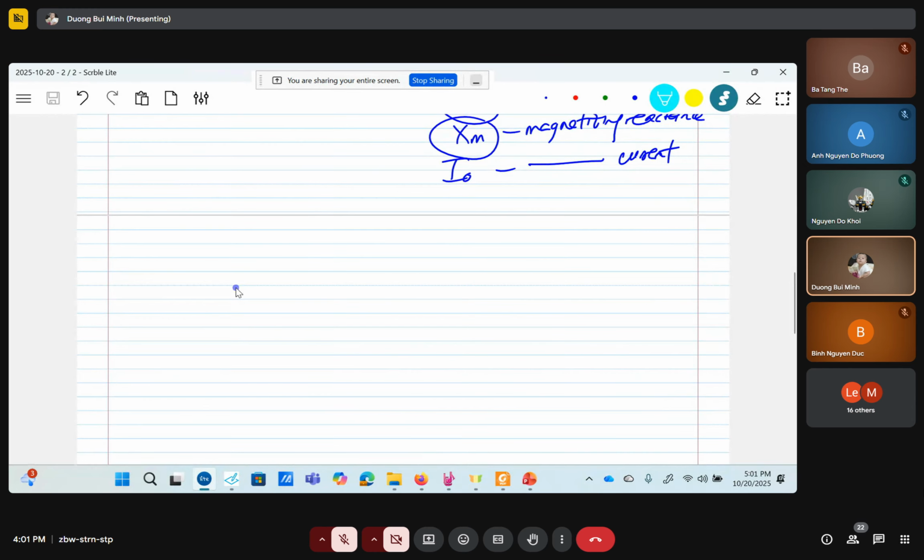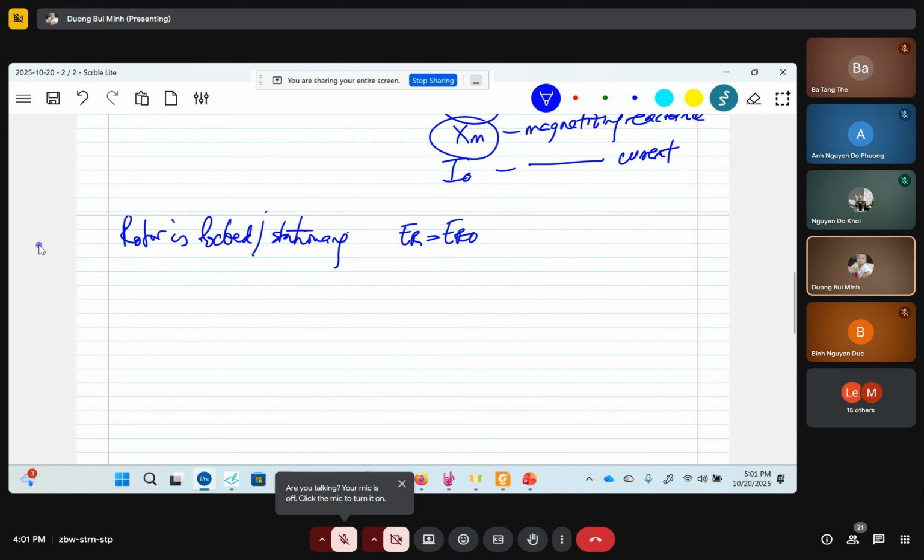You know, if the rotor is locked or stationary, you know, we get ER is EI0, and XR is XI0, and RR is RI0.